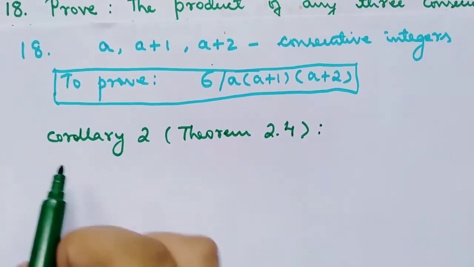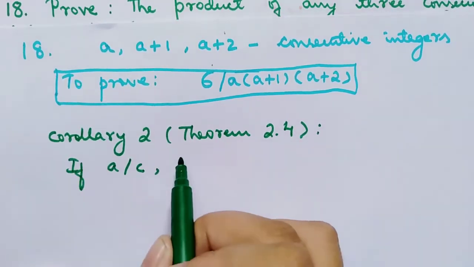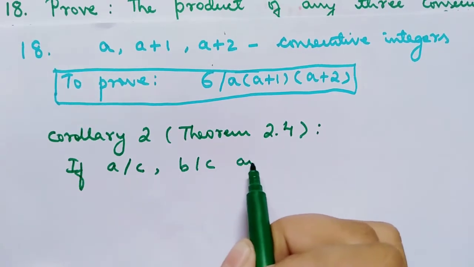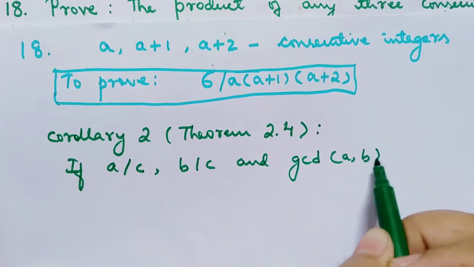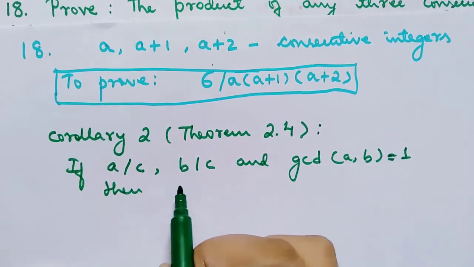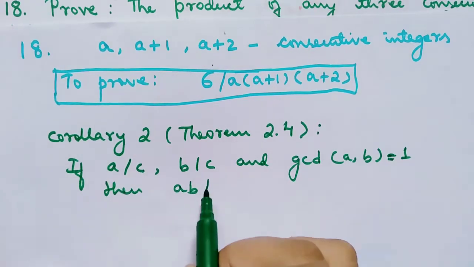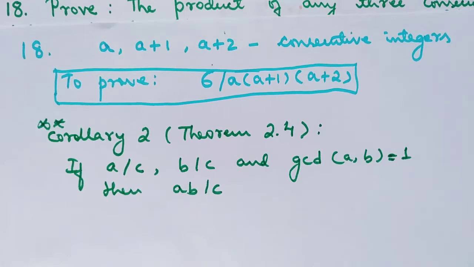Corollary 2 says that if a divides c, b divides c, and the GCD of a and b is 1, then ab divides c. This is corollary number 2 of theorem 2.4.